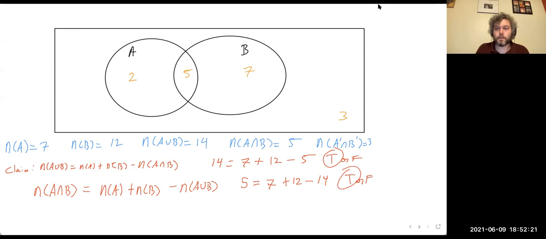For a little bit of a trickier problem, we could start working with complements. So you could find a complement, which would be 7 and 3, which is 10. And then you could see, does this still work? So for instance, does A complement intersect B equal the number of A complement plus the number of B minus the number of A complement union B?